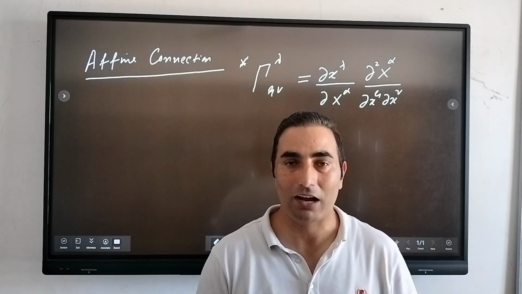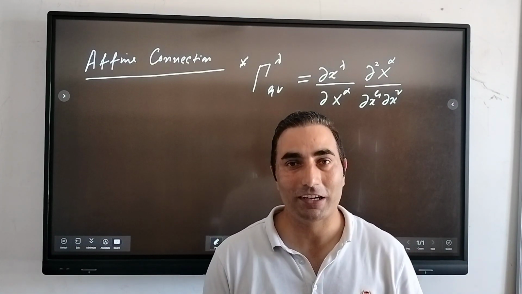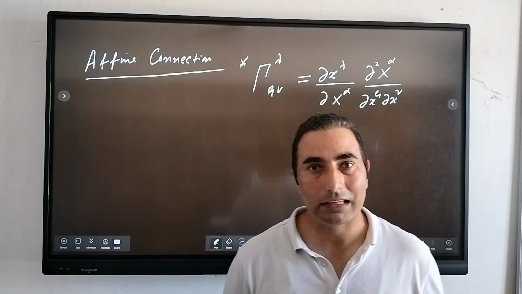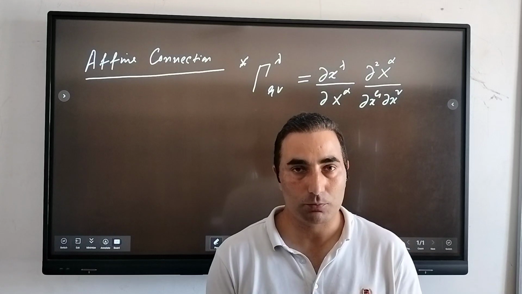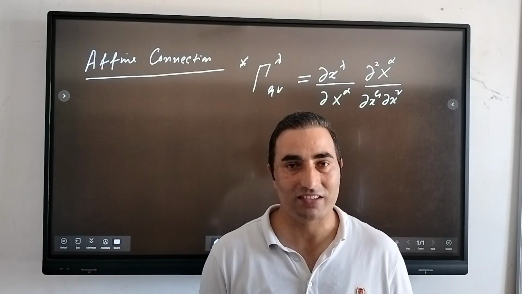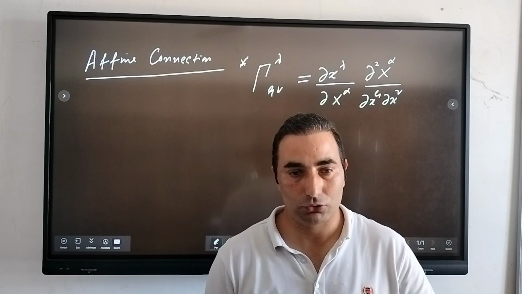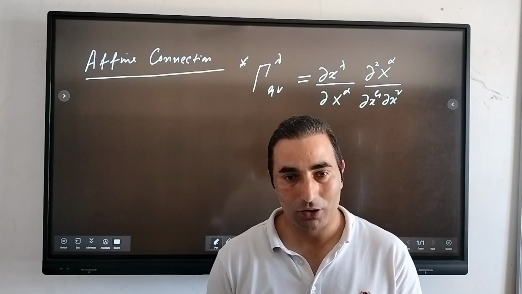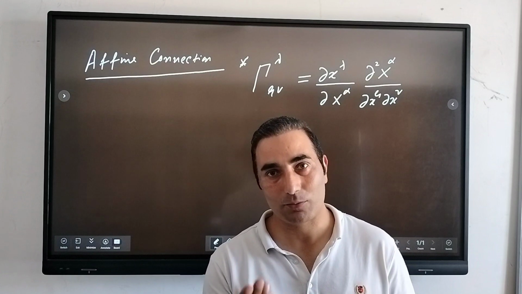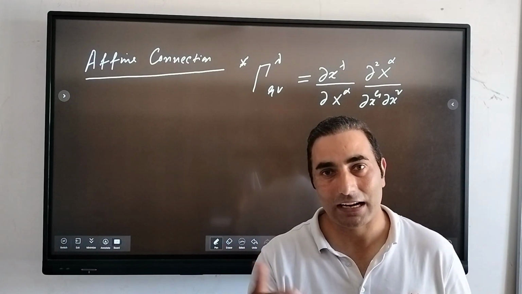As I already told, I have repeated it so many times. If you talk about a book which is falling under free fall, there is no resistance of air. This book has some coordinates x mu in that space-time curvature.